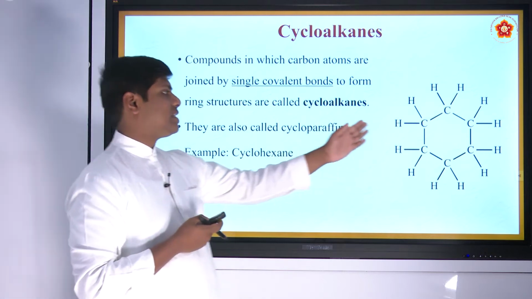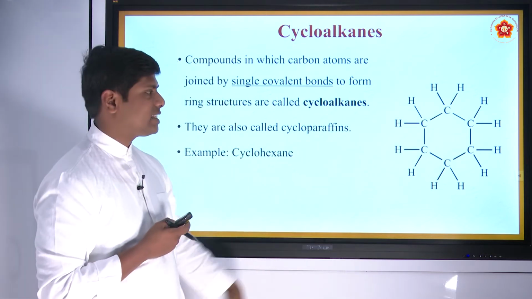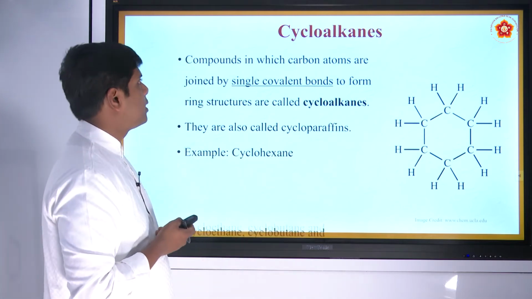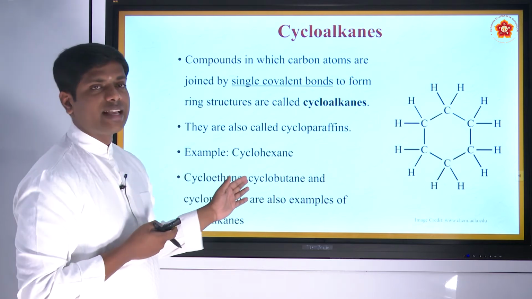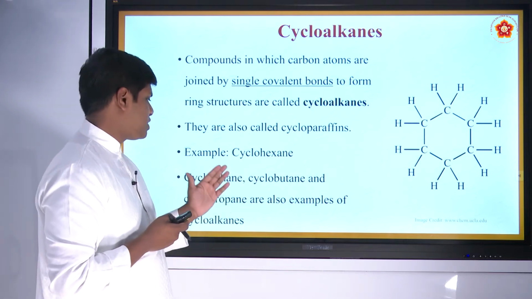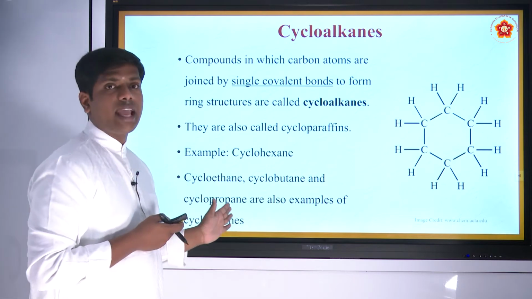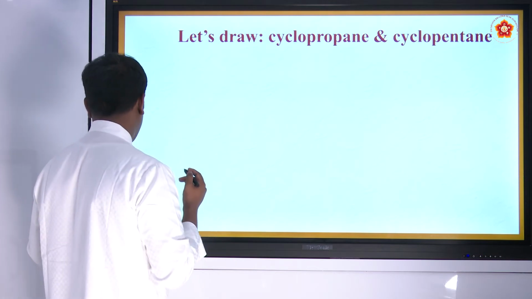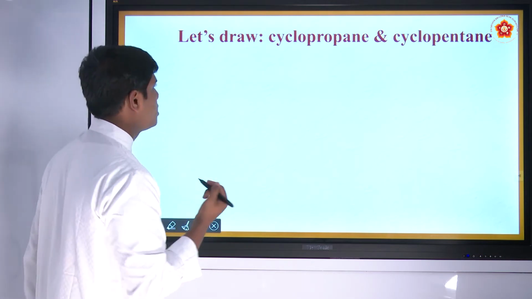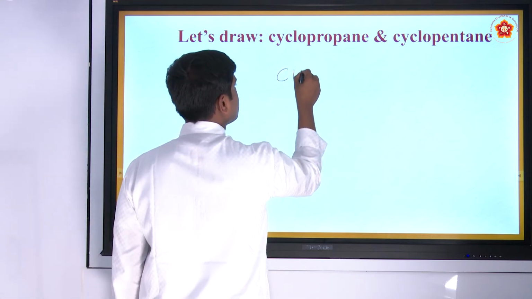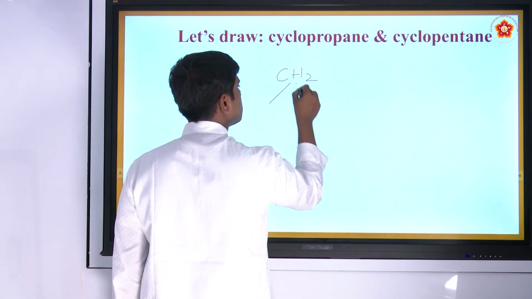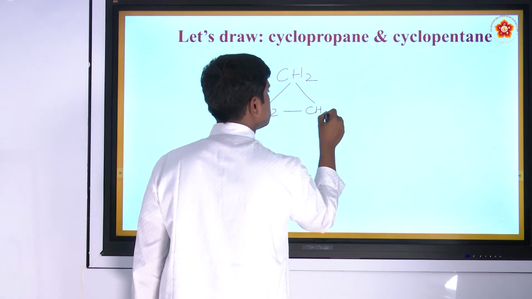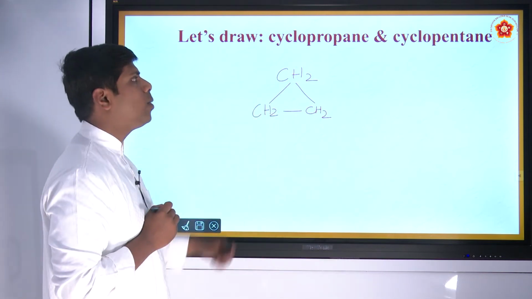These are the examples, that is cyclohexane. Cyclopropane, cyclobutane, cyclopentane are examples of cycloalkanes. Let us draw the structures. Cyclopropane. This is the structure of cyclopropane.